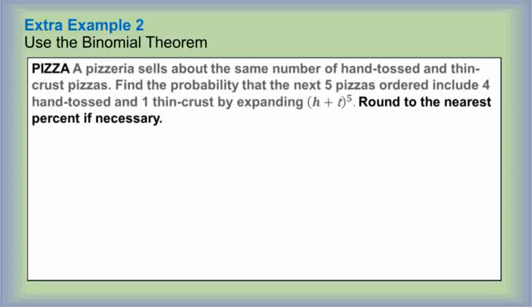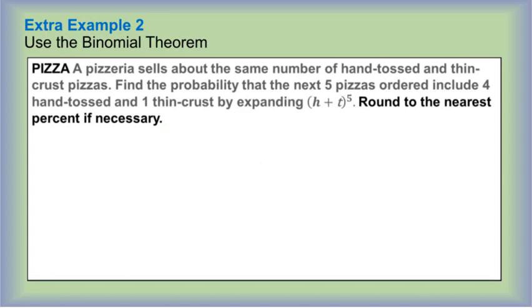Next, a pizzeria sells about the same number of hand-tossed and thin crust pizzas. Find the probability that the next 5 pizzas ordered include 4 hand-tossed and 1 thin crust by expanding h plus t to the fifth, rounding to the nearest percent if necessary.